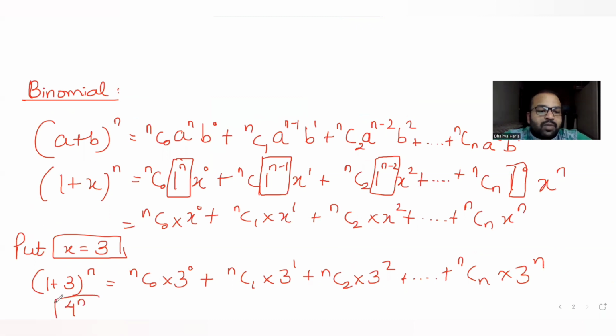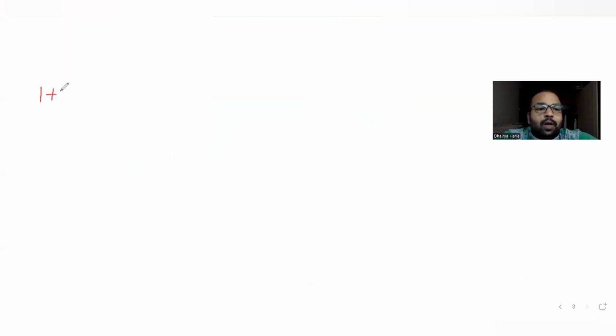If I want to write it in terms of summation, this is equal to summation of k equals 0 to n of nCk into 3 raised to k. In general, I can also write (1 plus x) raised to n equal to summation k equals 0 to n of nCk into x raised to k.